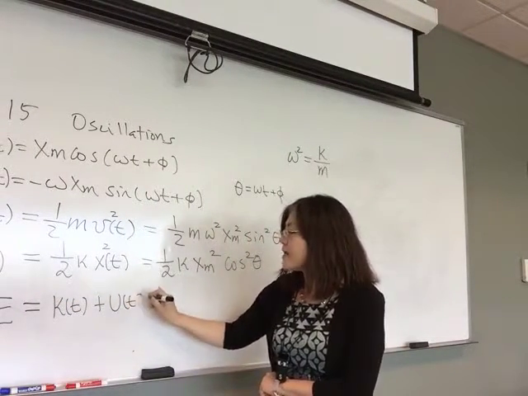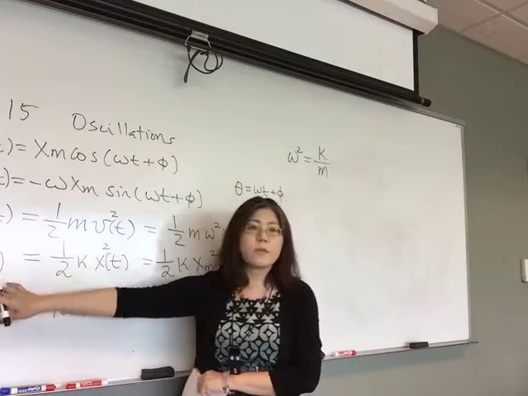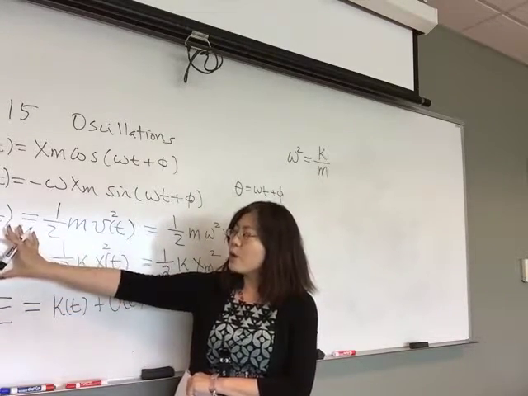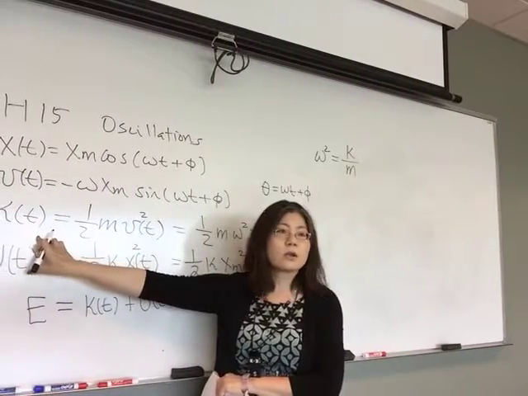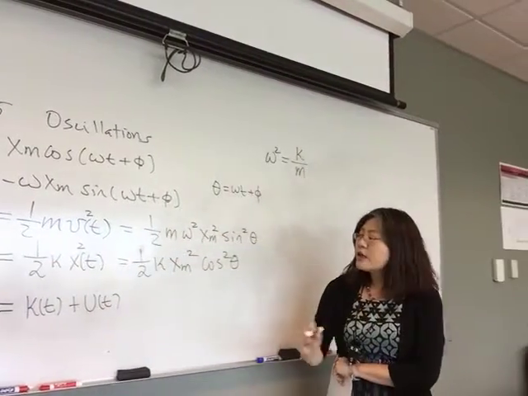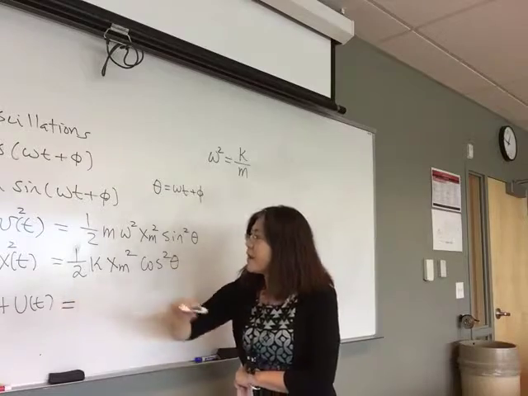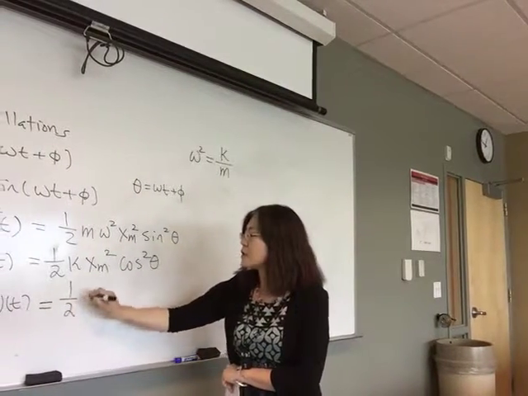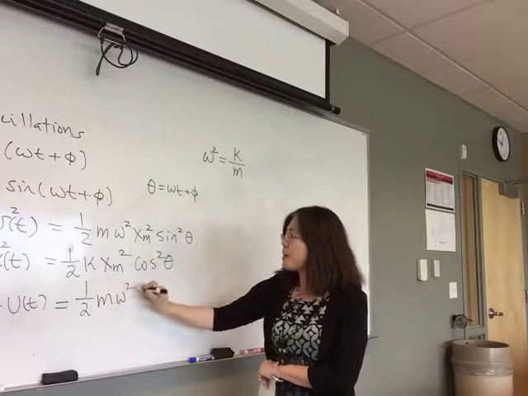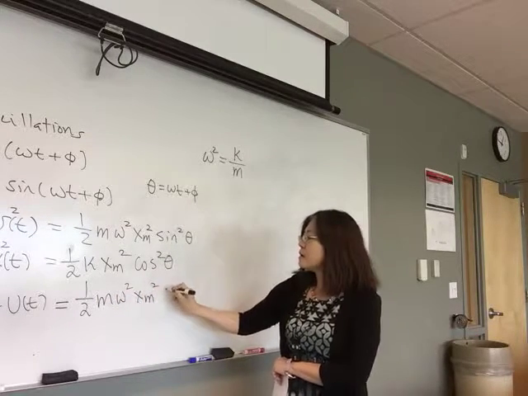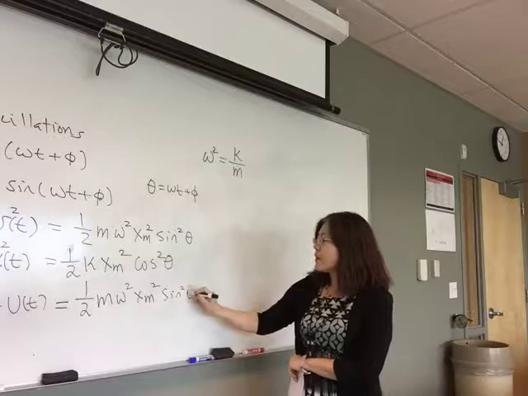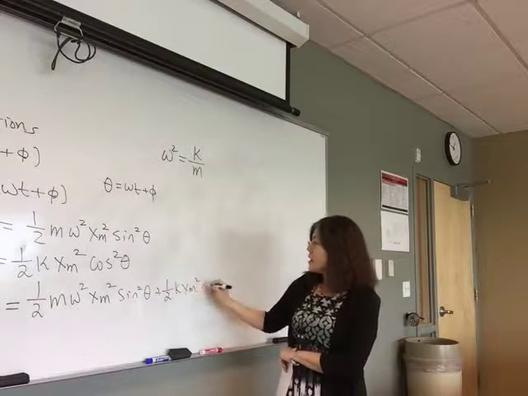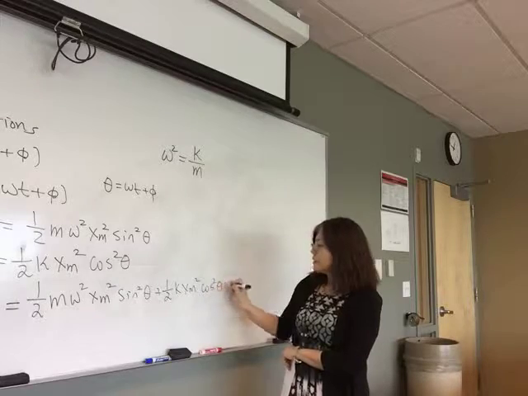In the book, it does not say K of t or U of t, but just to make you aware that they are functions of time, I'll include the (t). So when you add this together, we pretty much just add them: 1/2 mass omega squared xm squared sine squared, plus 1/2 k xm squared cosine squared. Whew.